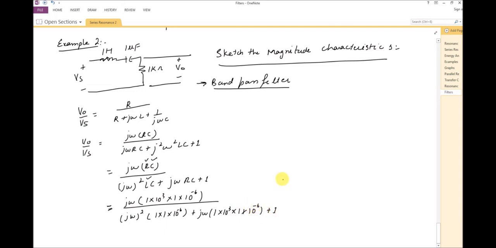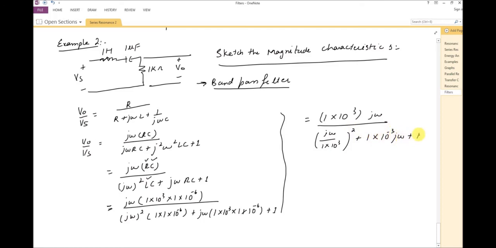So after solving, it will become 1 into 10 raised to minus 3 j omega over (j omega by 1 into 10 raised to 3) whole square plus 1 into 10 raised to minus 3 j omega plus 1. So this is your transfer function.